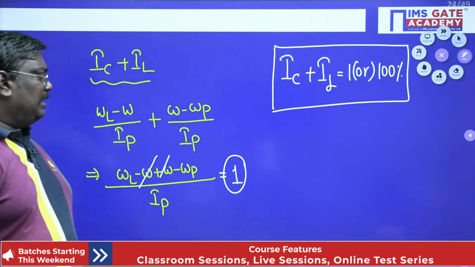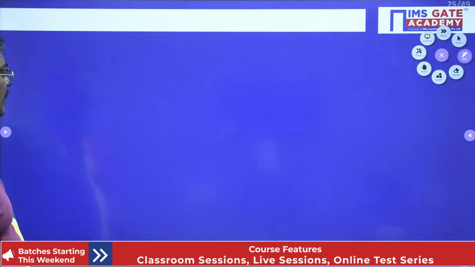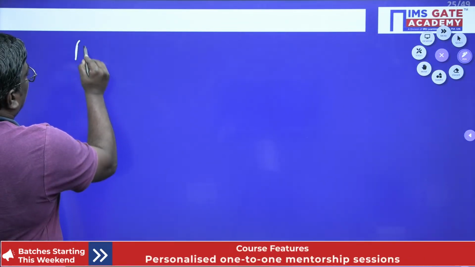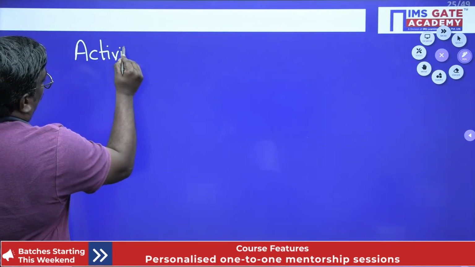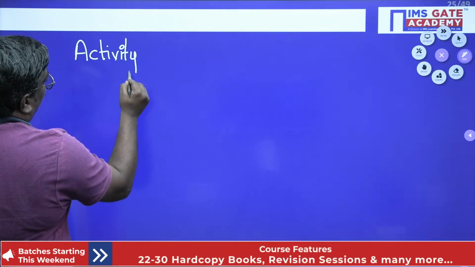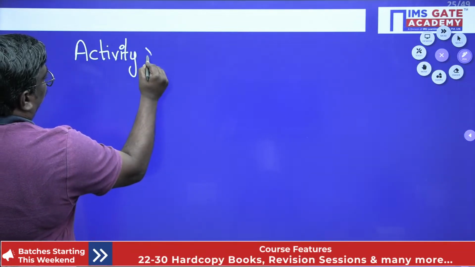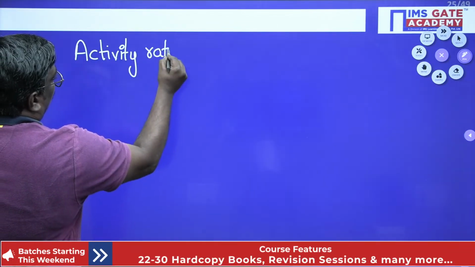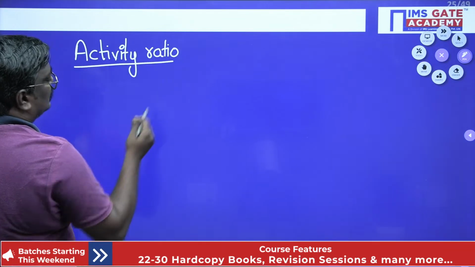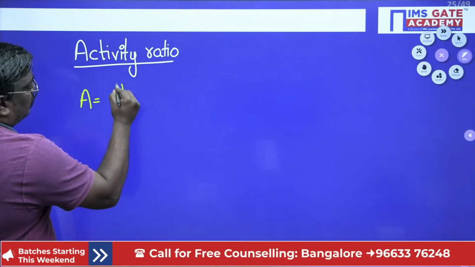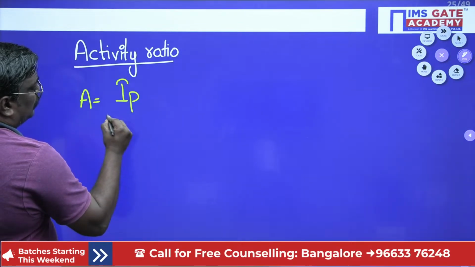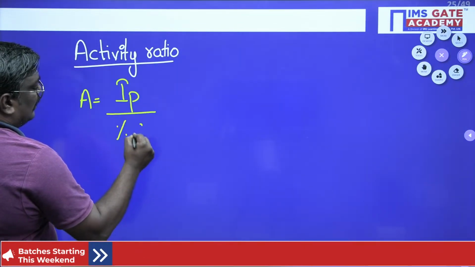Let us see another important term called activity ratio. Now, my dear students, activity ratio is defined as the ratio of plasticity index to the percentage of clay fraction.